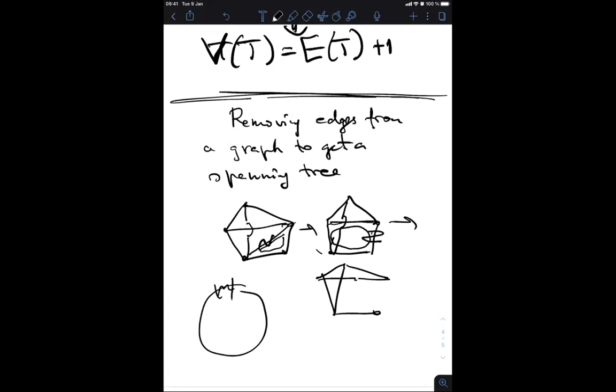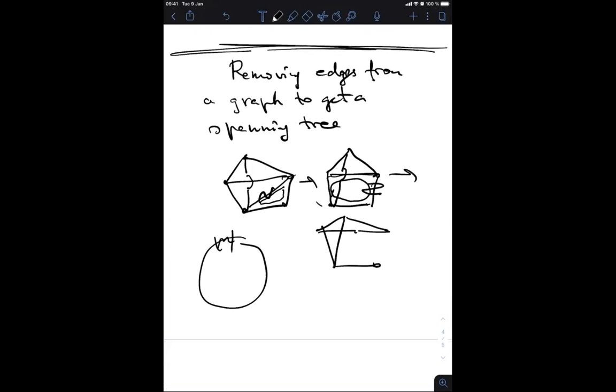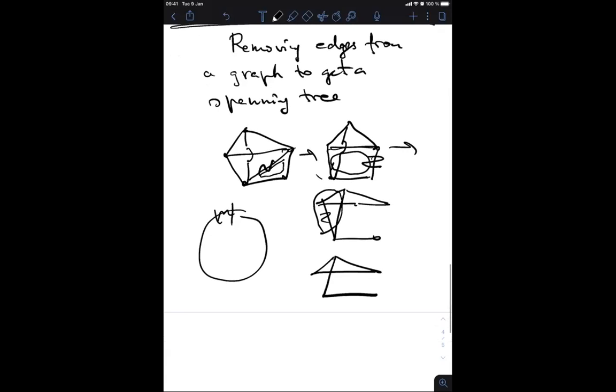Yes, it's still connected. It still has cycles, yes. So we still have 2 cycles. So I can take maybe this triangle and kill, say, that edge. What will we be getting then? We'll be getting a situation like this. And finally here we just have one cycle left, which is this triangle here.